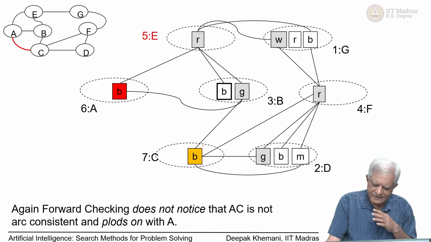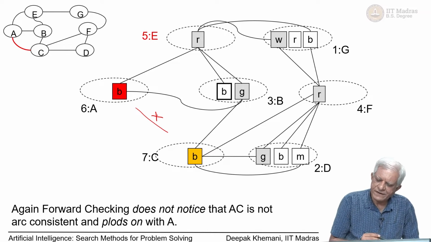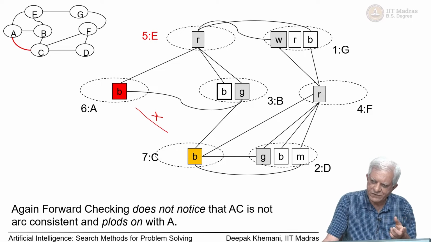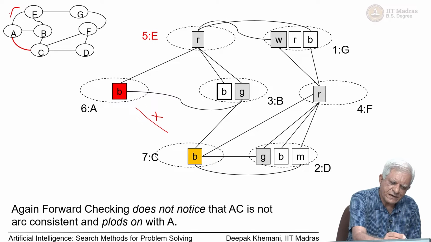But at this stage, forward checking does not see that these two have become inconsistent, that they are not R consistent with respect to each other, that you can choose B for one, but you cannot choose the same B for another. Forward checking is not able to do that, because when it was looking at the fifth variable, it was only looking at connected variables.